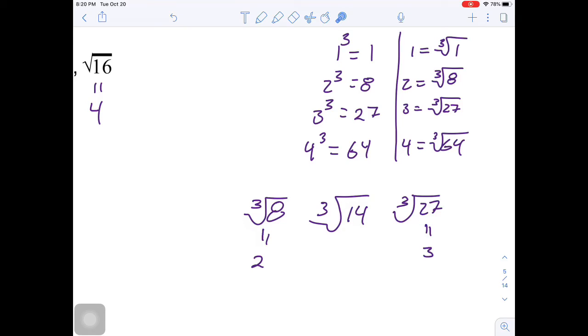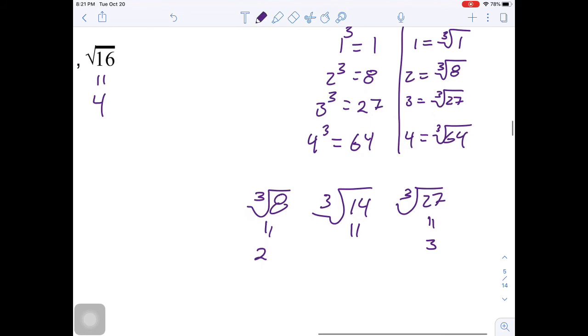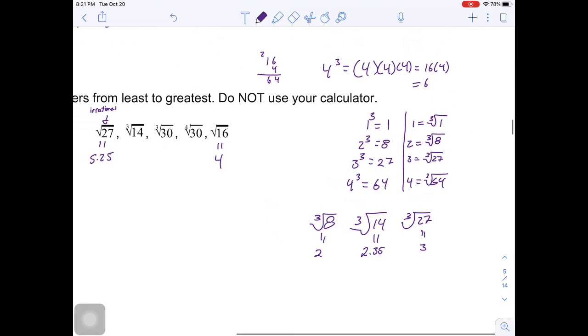So 6 compared to 13, so 14 is closer to 8 than it is to 27, so I'm going to estimate this roughly to be about 2.35, okay? It's kind of close to the middle, but not quite. So I'm going to say this is roughly 2.35.